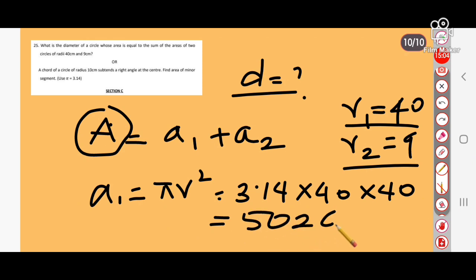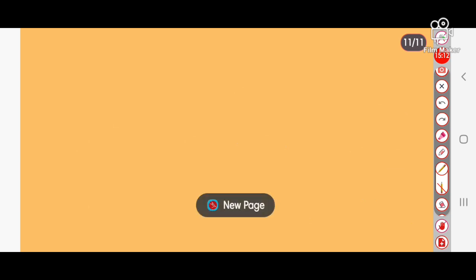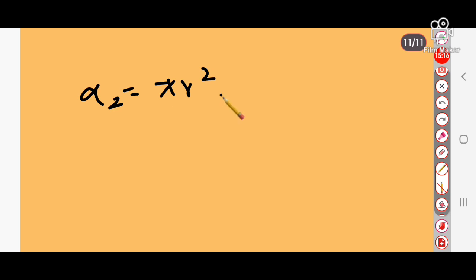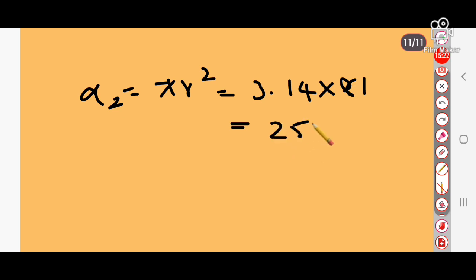So area 1 is 5026. Similarly, area 2 is again pi r square, that is 3.14 into 9 into 9, which is 81, giving 254.5 centimeter square. Centimeter square is the unit for area.